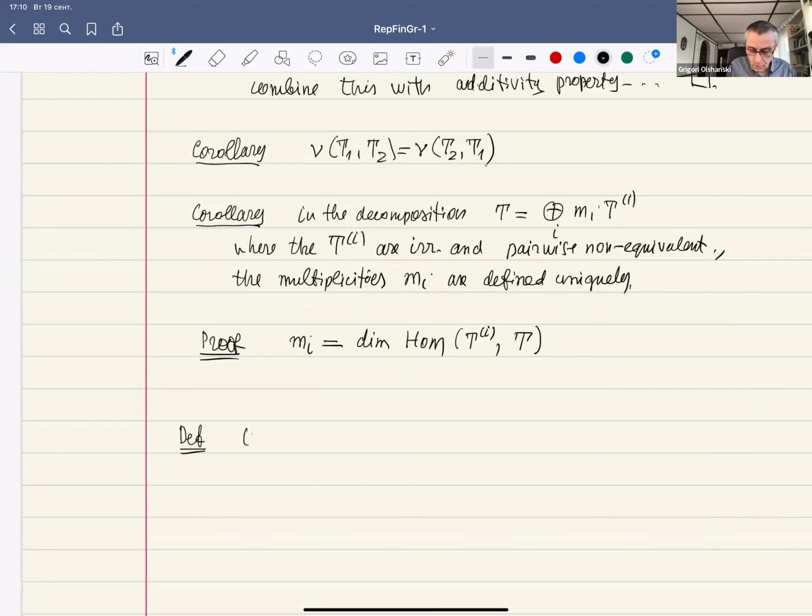Let's say that T is primary if it is equivalent to the direct sum of some number of copies of a certain irreducible representation T prime.